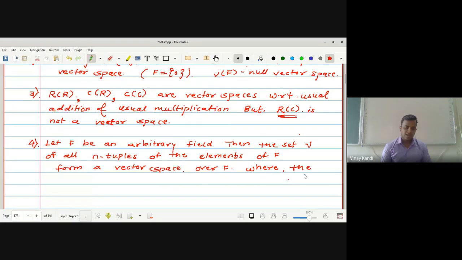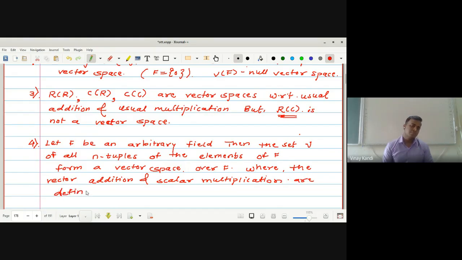the vector addition and scalar multiplication are defined as follows.